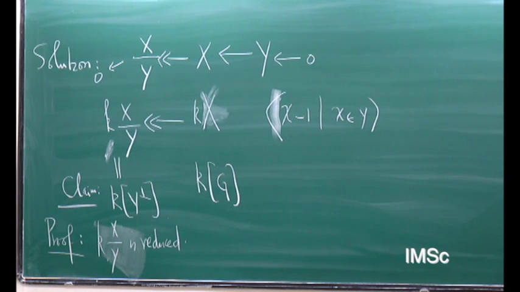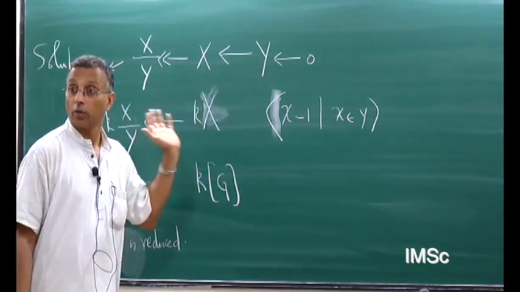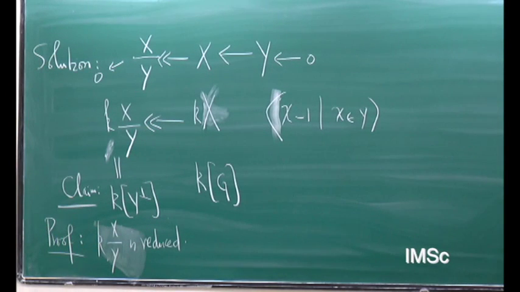I'm given an ideal, I'm given a subvariety. The subvariety here is y perp, and the ideal I am given is the kernel of this map, whatever that is.